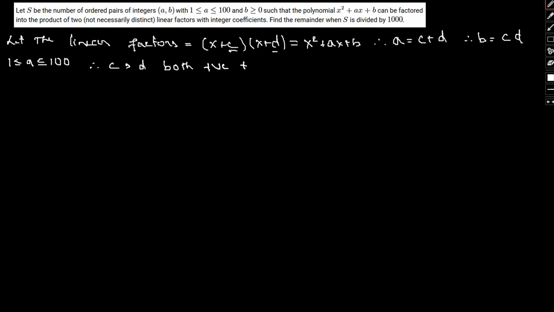Also, as a cannot be equal to 0 because of the range, at least one among c or d has to be greater than 0. So I hope this much is clear regarding the criteria for both c and d in general.